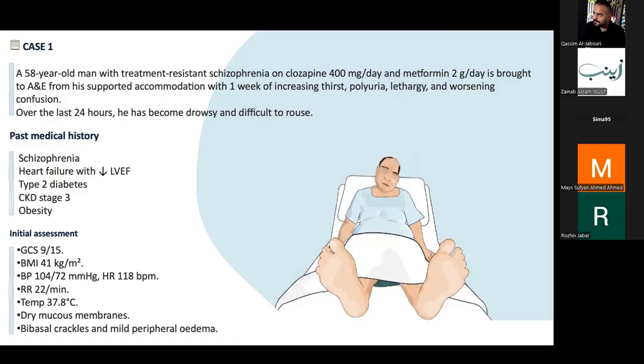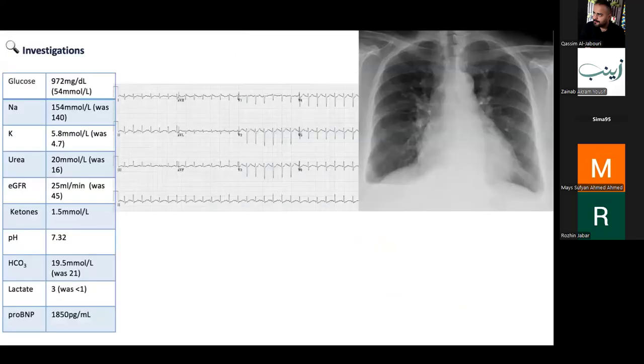He has dry mucous membranes, bibasal crackles, and mild peripheral edema. These are his labs, ECG, and chest X-ray. I want you to give me the problem list. You're seeing this patient, now you're coming to your differential diagnosis or your problem list before you start management.